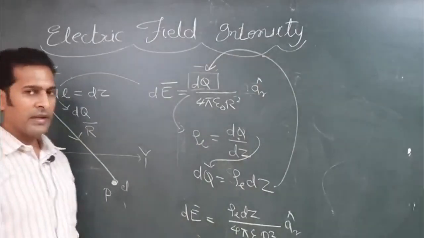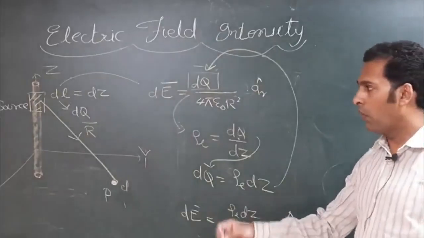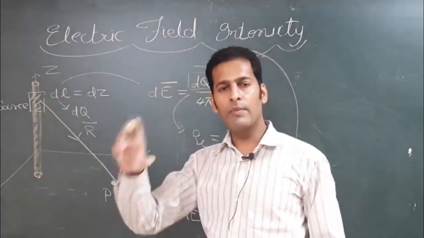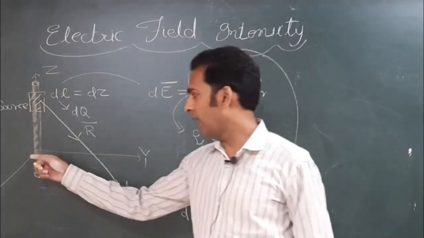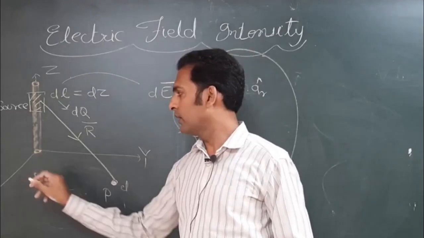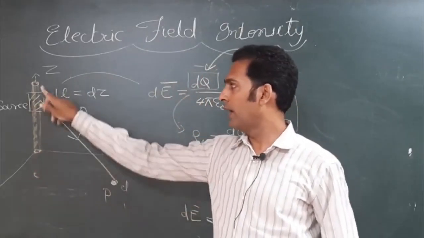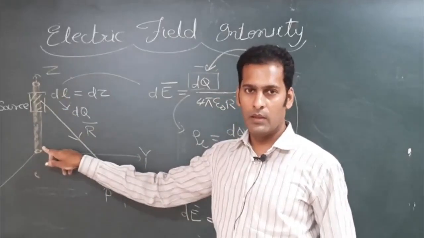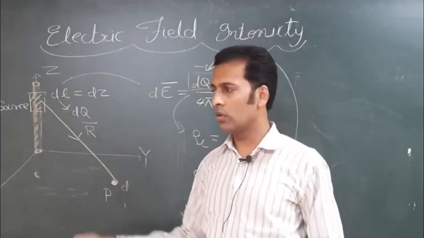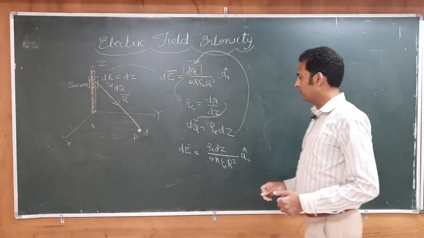If we want the entire electric field intensity, we have to integrate it. What will be the limits? The limits are on the z axis. If we consider that our conductor starts at the origin where all three axes are 0 and the total length is L, the limits will be from 0 to L. There may be various limits also, such as L1, L2. It depends on what length we are taking.